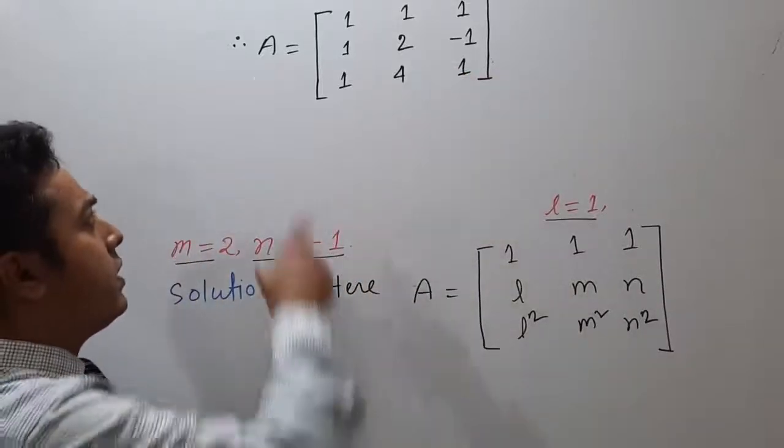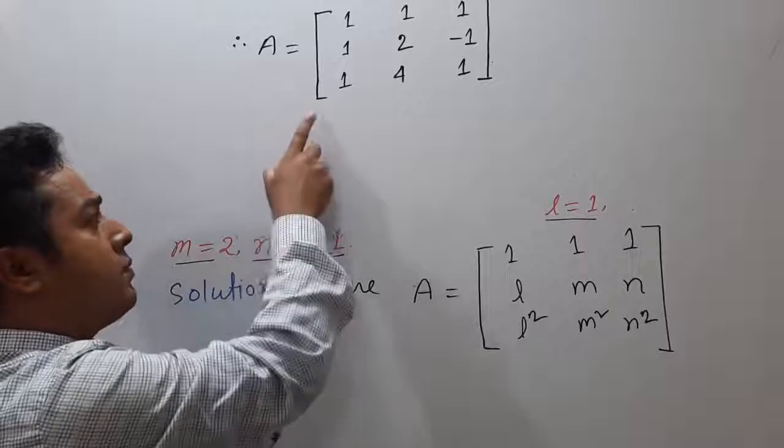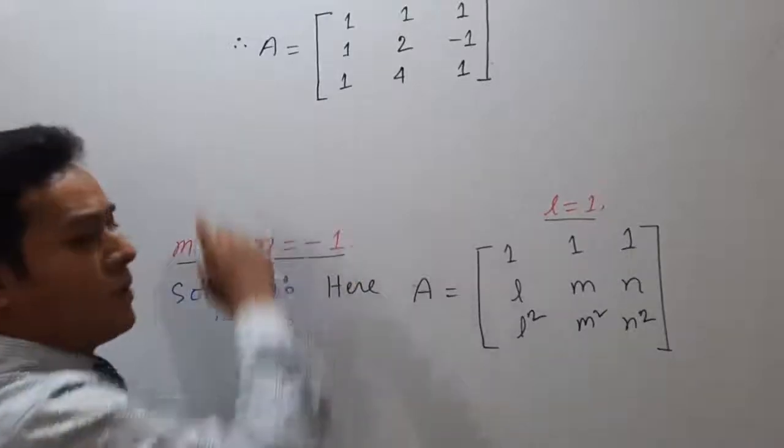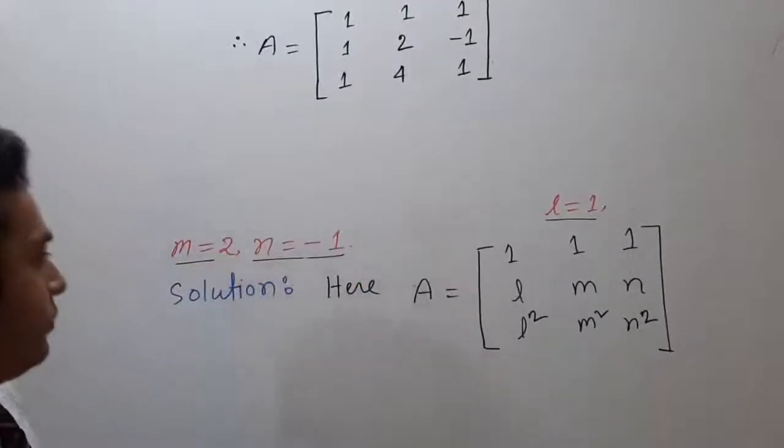So this is our matrix A. We have to find the inverse of matrix A. Okay.